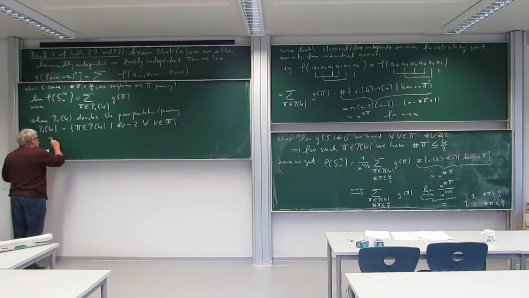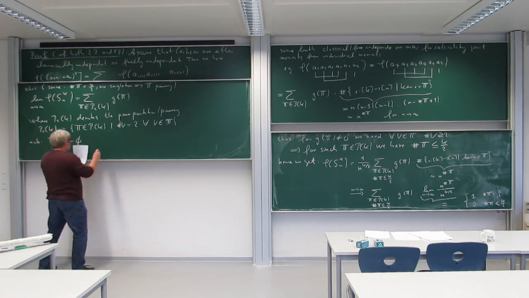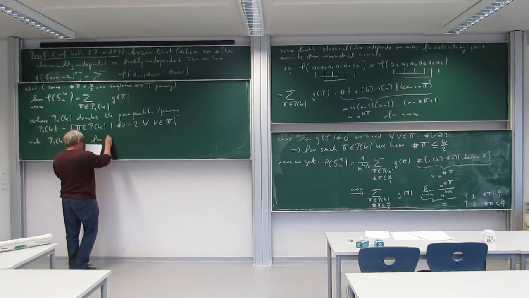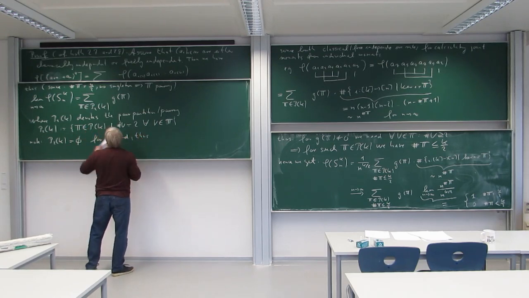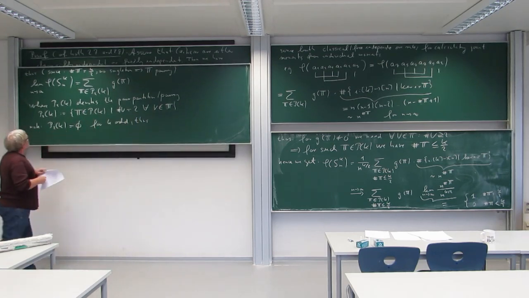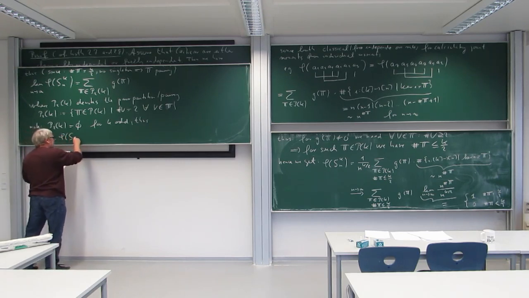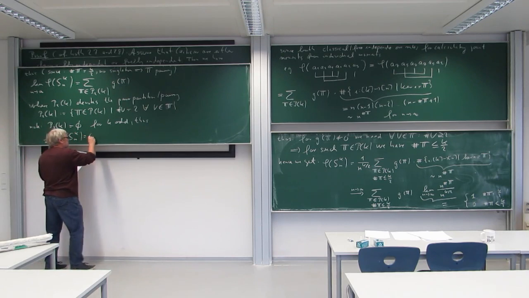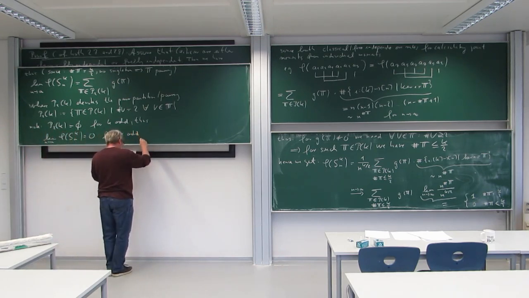So P2 of k is the set of pairings, and this is the empty set, so there is no such pairing for the case when k is odd. This means that this formula tells us that the odd moments, the limit when n goes to infinity of phi of Sn to the power k, is equal to 0 for k odd.